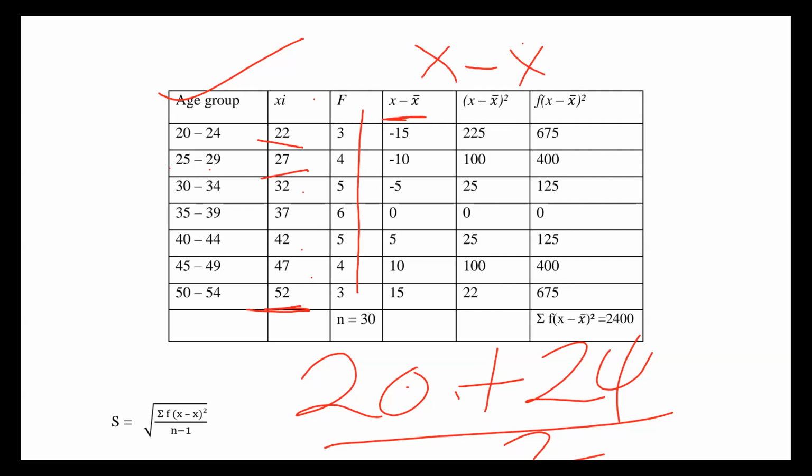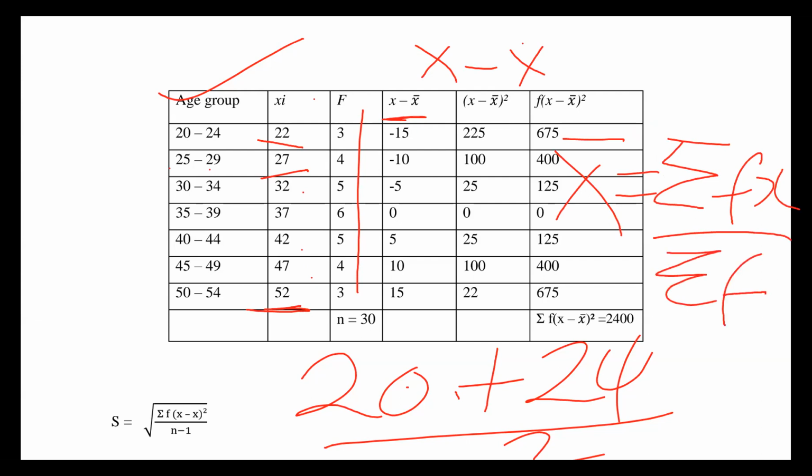Find the mean the way I've shown you how to find the mean. I said it's basically frequency times what? Times the X variable, right? How you find the mean of the grouped data, you sum the frequency times X divided by what? The summation of the frequency.